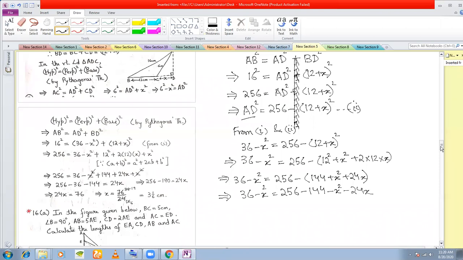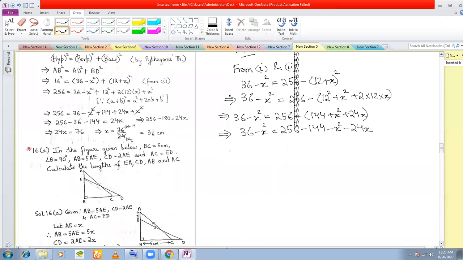Now take all the x's on one side. You have 36 minus x square. So this x square comes on the other side, it becomes plus x square. 256 comes on the other side, it becomes minus 256. And 24x comes on the other side, it becomes plus 24x. And 144 also comes on the other side, so it becomes plus 144.